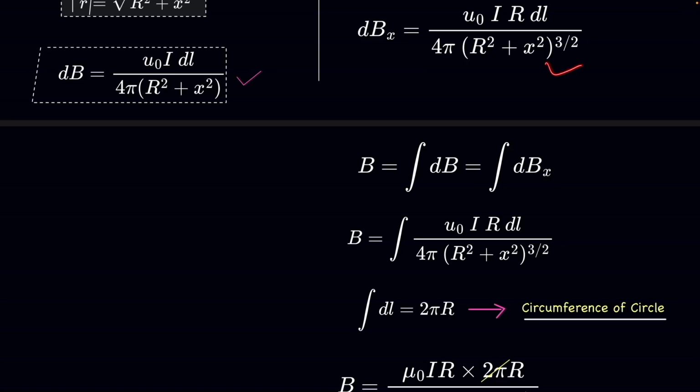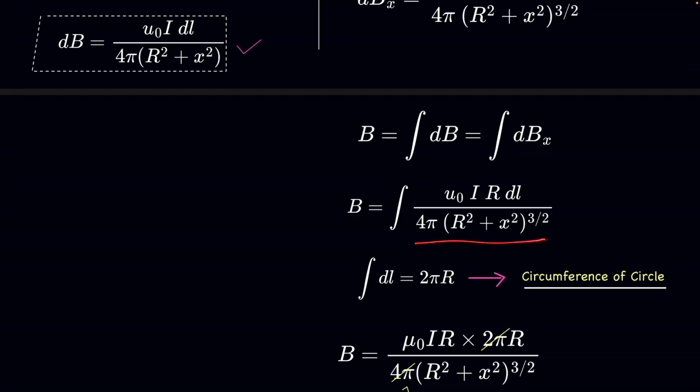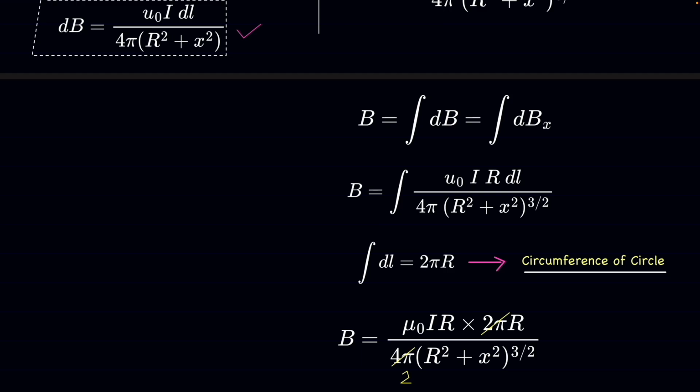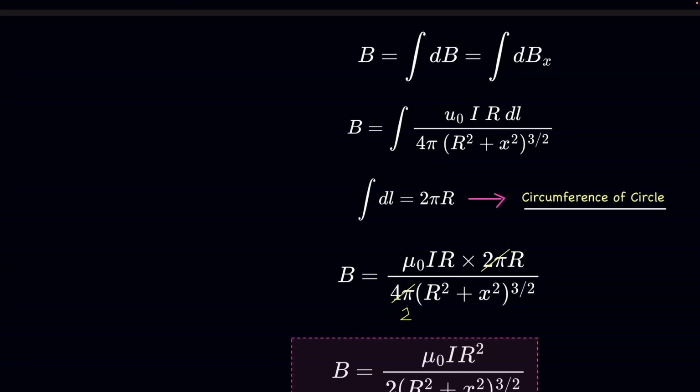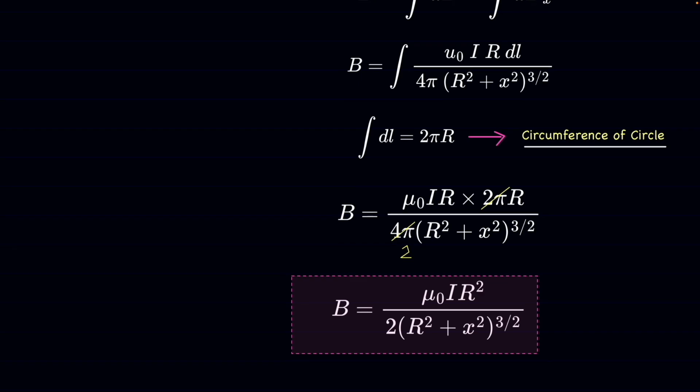We substitute the value of dBx here. Because only dl is getting integrated and the rest are fixed values, the integration of dl is equal to the circumference, which is 2 pi R, where R is the radius. Substituting this, 2 pi and 4 pi get cancelled. So we get B equal to mu naught I R square by 2 (R square plus x square) to the power 3 by 2. This is the formula of the magnetic field along the axis of a current carrying circular loop.